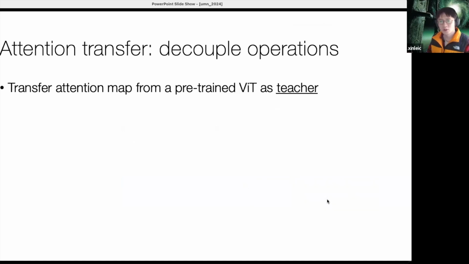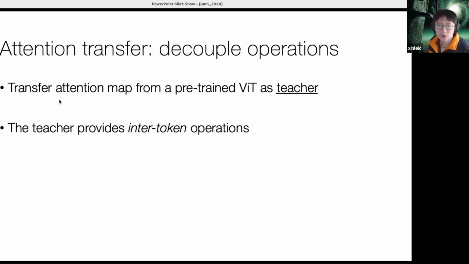And when we do attention transfer, we are effectively decoupling these two types of operations. So we can have a pre-trained vision transformer as a teacher. We get the attention map from there. Then the teacher provides these inter-token operations.